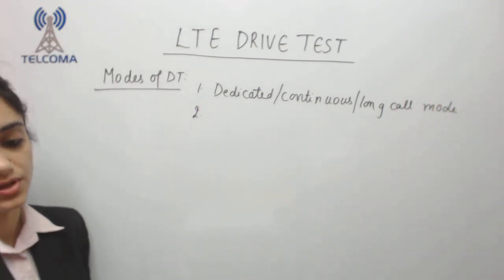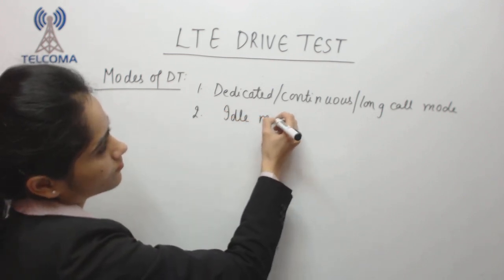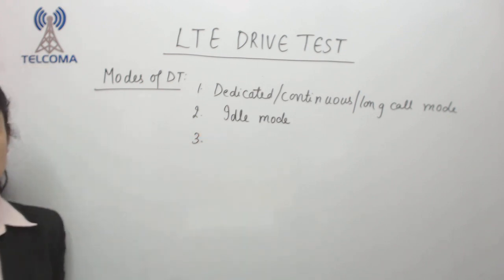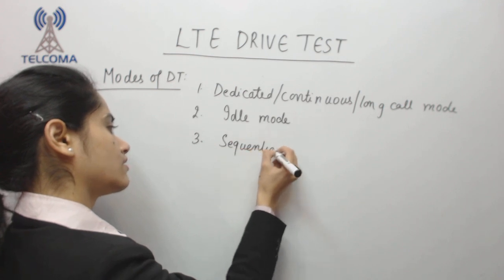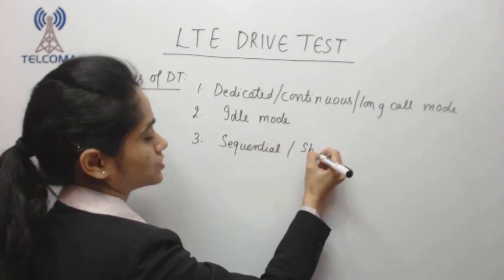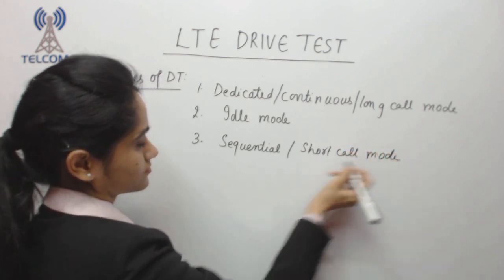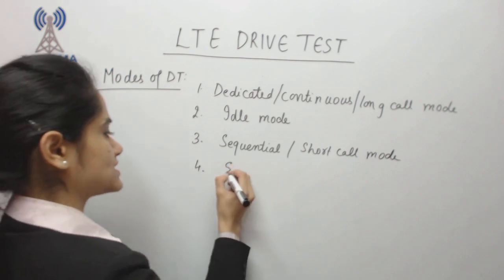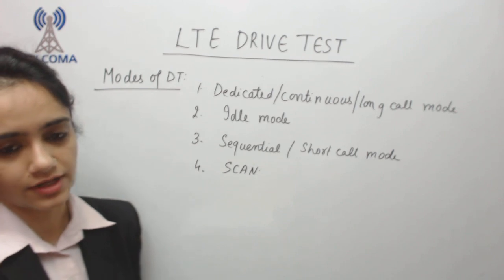Next we have idle mode. Third we have sequential, or short call mode. And then we have scanning mode, scan. So these are the 4 modes of drive test.